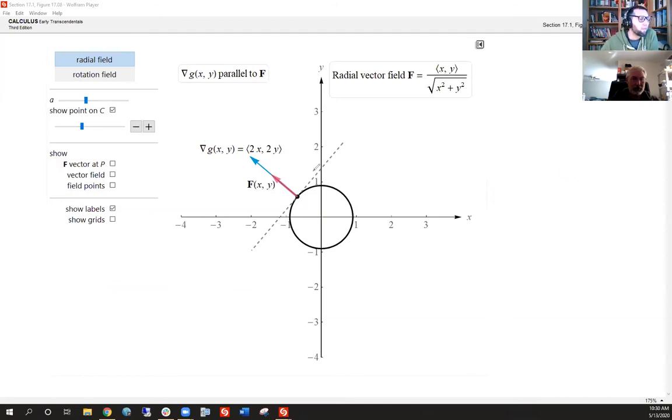Okay. So what I want to point out here is that if we have a radial field, all of our vectors are going to be perpendicular to the level curve. If we have a rotational field, then all of our vectors are going to be parallel to or tangential to the black circle.